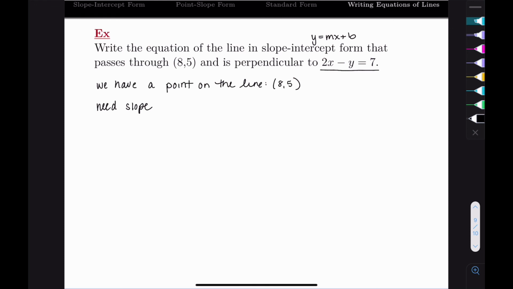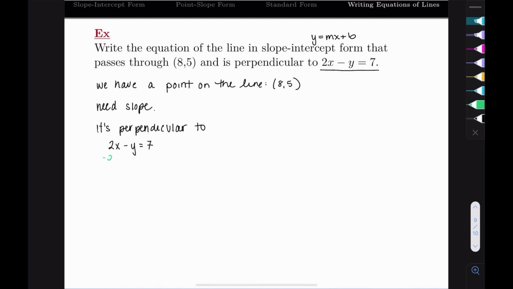But using the line 2x minus y equals 7, I can go ahead and find the slope. So it's perpendicular to 2x minus y equals 7. So let's go ahead and put this in slope-intercept form.